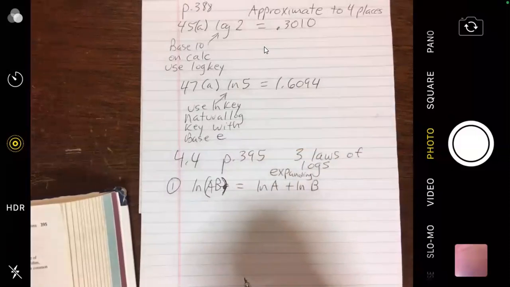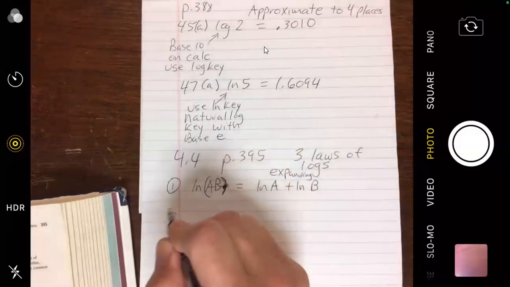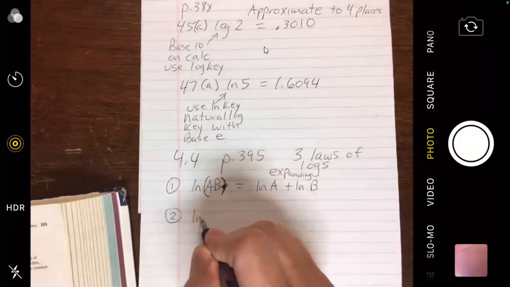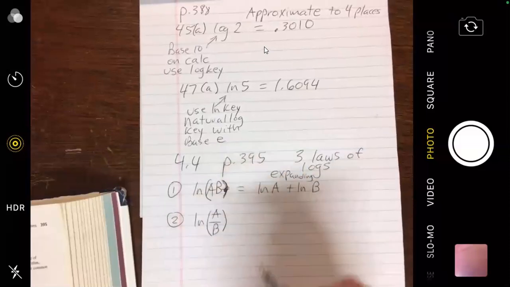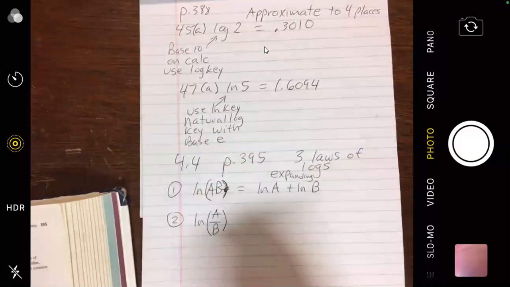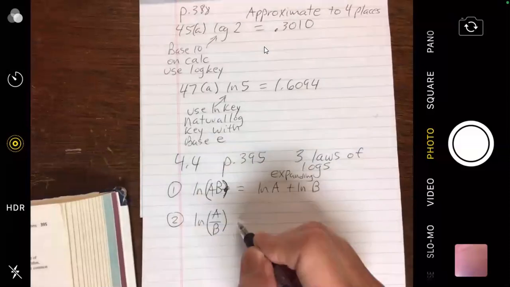If your 2 things are divided, they subtract. Log at the top minus log at the bottom.